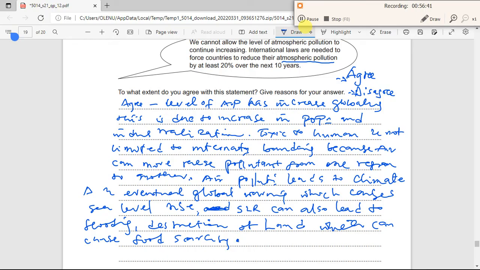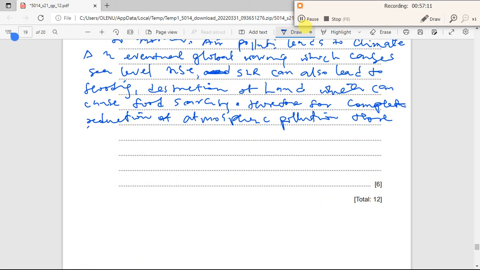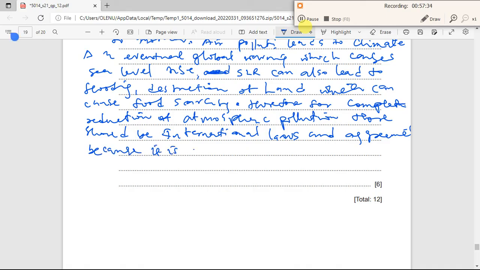So therefore, for complete reduction of atmospheric pollution, there should be international laws and agreement because it is a global issue.